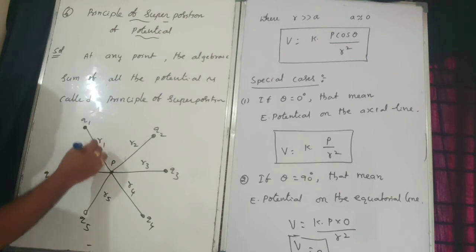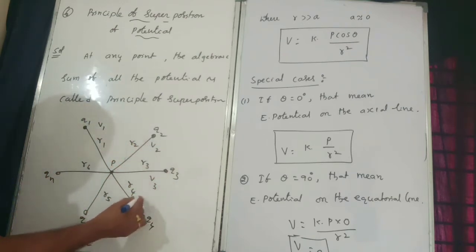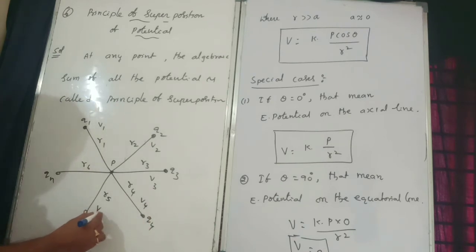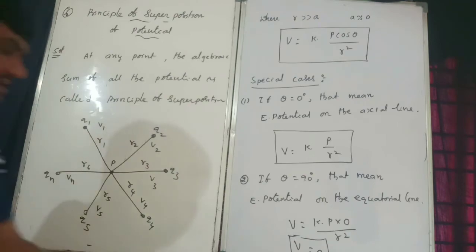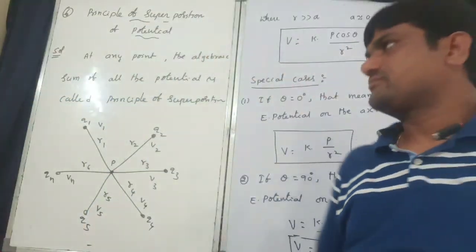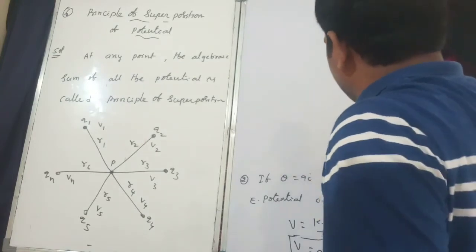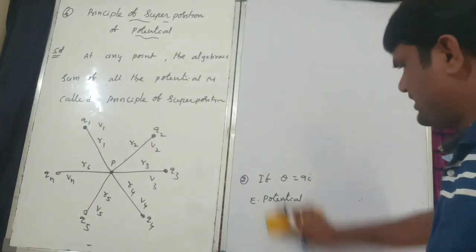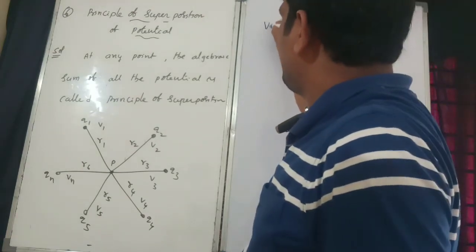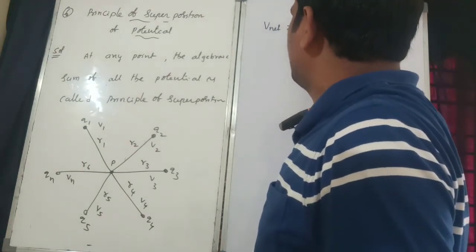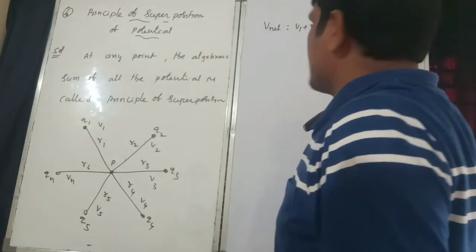Here potential is V1, here V2, V3, V4, V5, here potential is Vn. Then the net potential V net is equal to V1 plus V2 plus so on Vn.